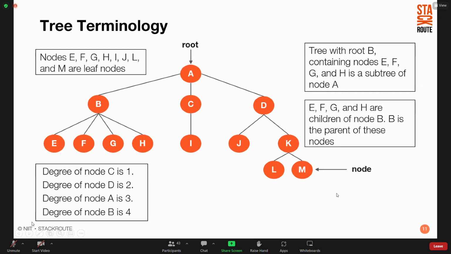Don't consider all the leaf nodes; you should consider how many subtrees are directly under the node. So degree of a node is the number of direct subtrees of a node in a tree. For D, it is only 2. For K, further we have 2.